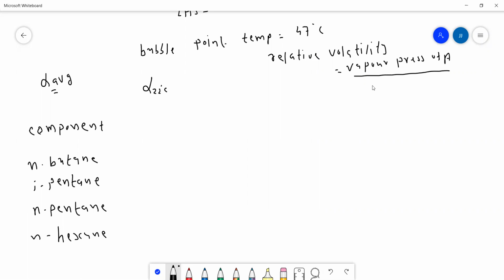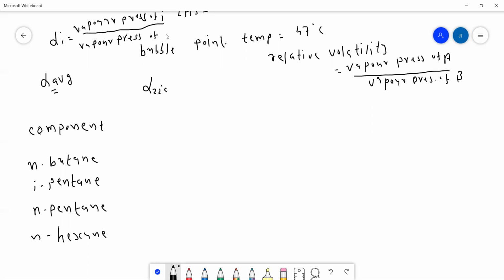to the vapor pressure of B, right? So alpha at 20, but in our case, alpha I is nothing but the vapor pressure of the I component divided by the vapor pressure of the heavy key component, right?